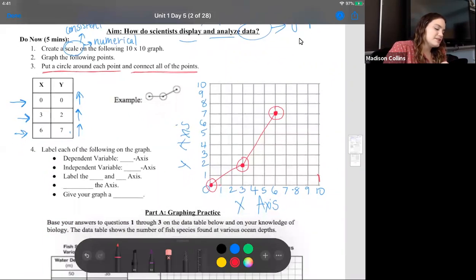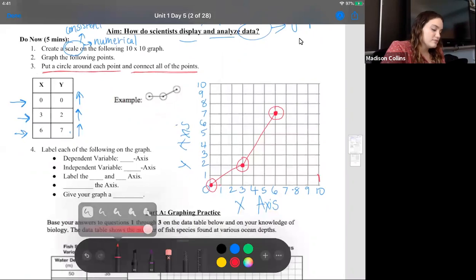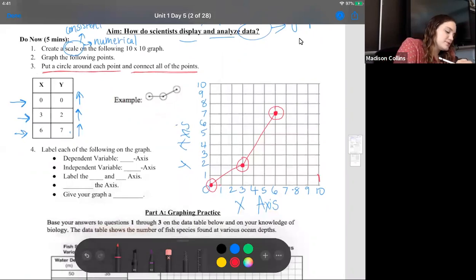Now, we also need to label each of the following on our graph. Since we are using these when talking about experiments, we are still going to be using the dependent and independent variable. You can't forget that. Remember, independent is what we are manipulating, and dependent is what you are measuring.